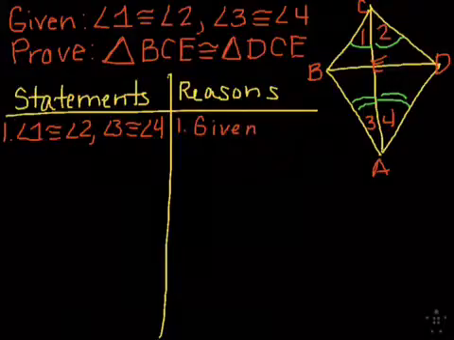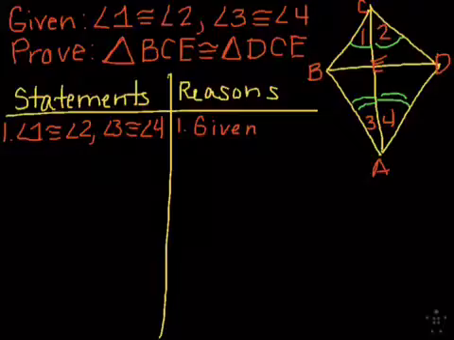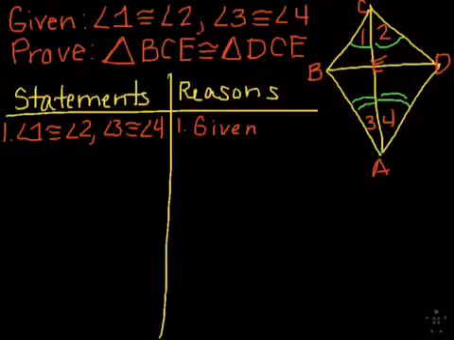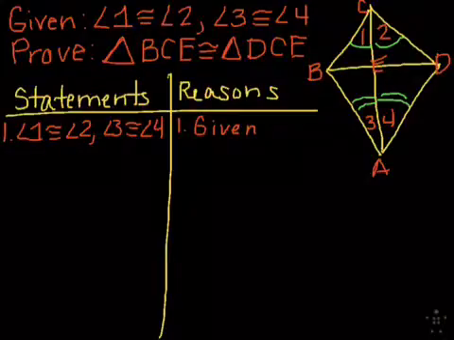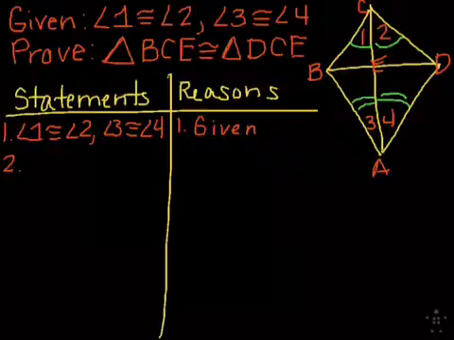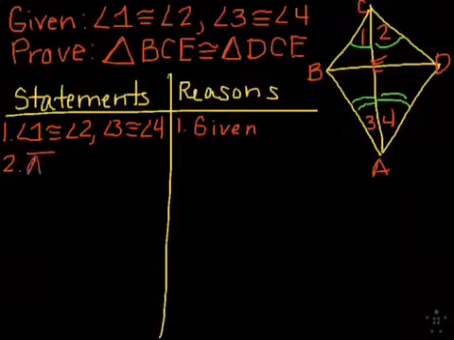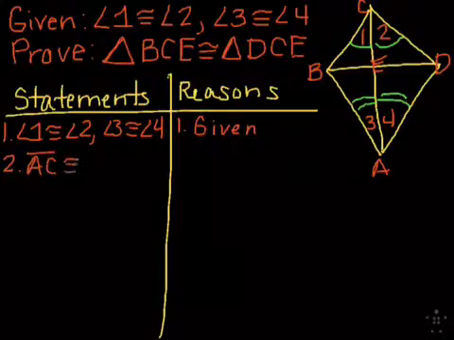Our next step is, look here, we have these little triangles inside of big triangles. If you need to take them apart to see, you have 2 big triangles here and 4 small triangles inside. Okay. So I know that AC is congruent to itself. And if you look in both of the big triangles, they have line segment AC or side AC. So I know side AC is congruent to itself.